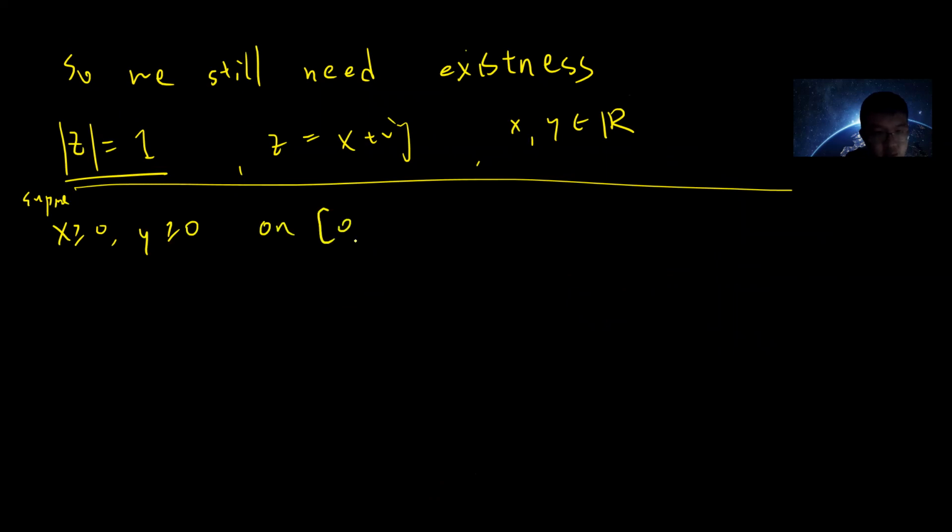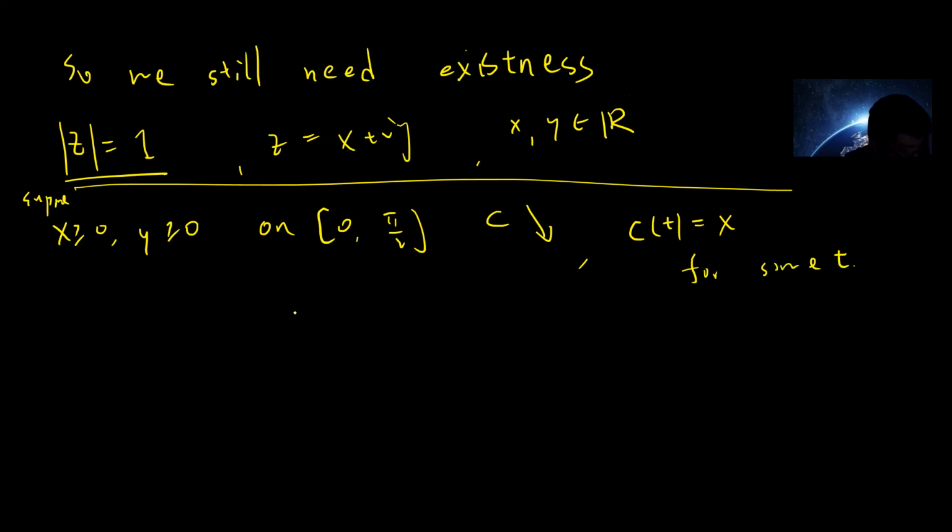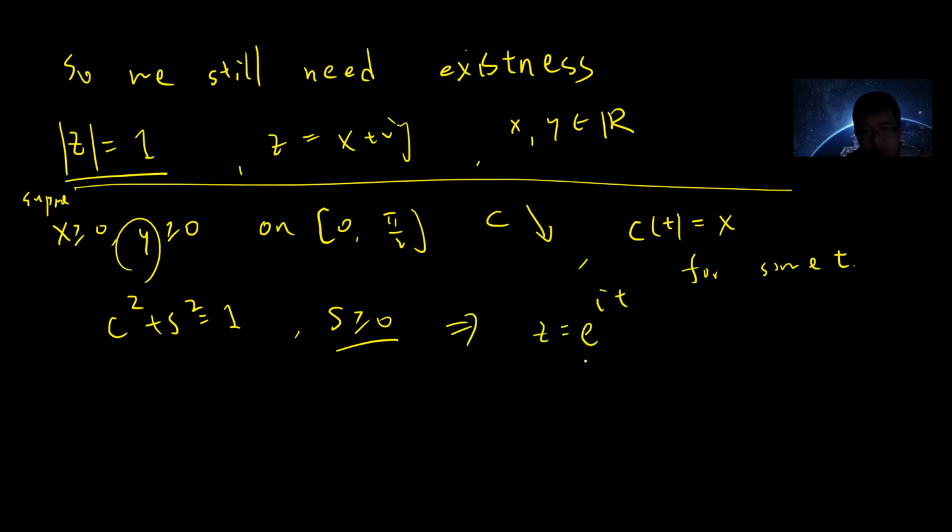That means on 0 to pi over 2, you know that C decreases, so C of t can be x for some t. Then you also know that cosine squared plus sine squared is 1, and S is greater or equal to 0 because it corresponds to y. So you just pick that t, so z is exponential it. This is just the first quadrant, and the rest of the quadrants are easy to prove. It's a little bit stupid, so I don't want to prove it.